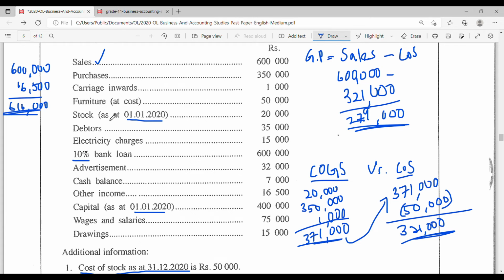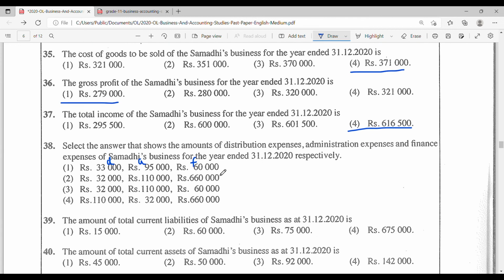They haven't charged the interest here. They haven't taken the interest line cost account here. So 10% of 600,000 is of course 60,000. So answer should be either 1 or 3. So your finance expense is 60,000.